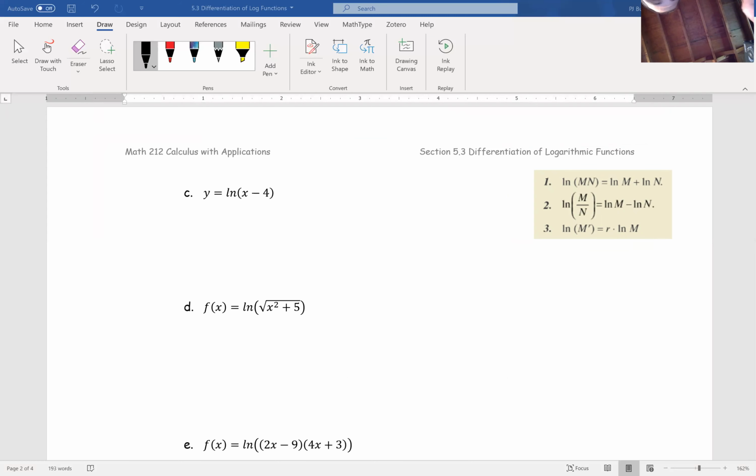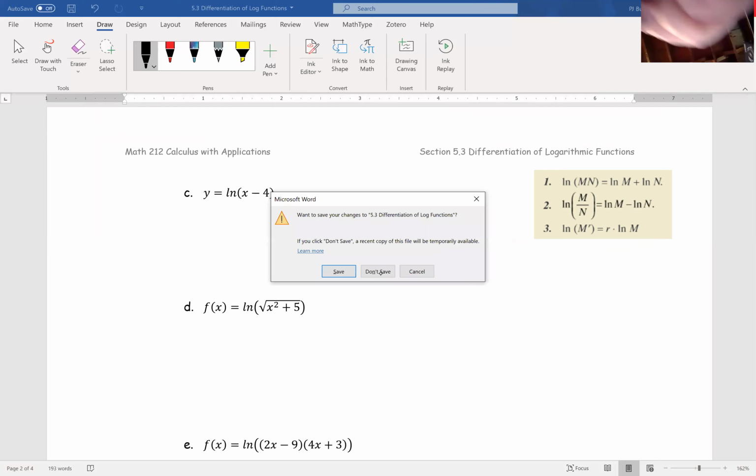Let's put it on tablet mode, see if that helps. Okay, so y prime, nope, disappeared again. Fantastic. So we're trying to reopen the file.